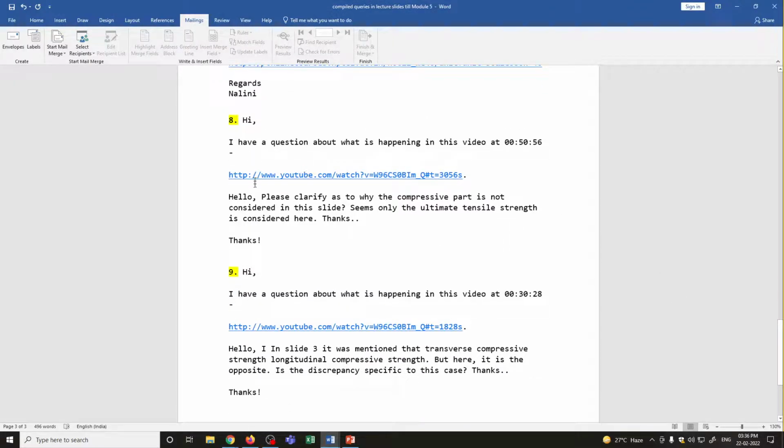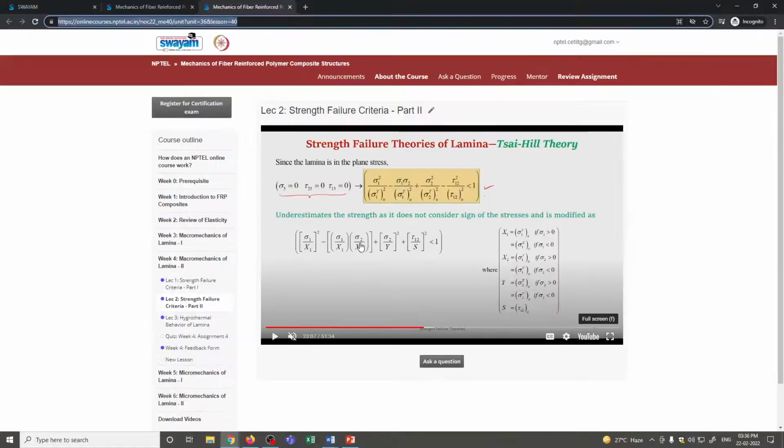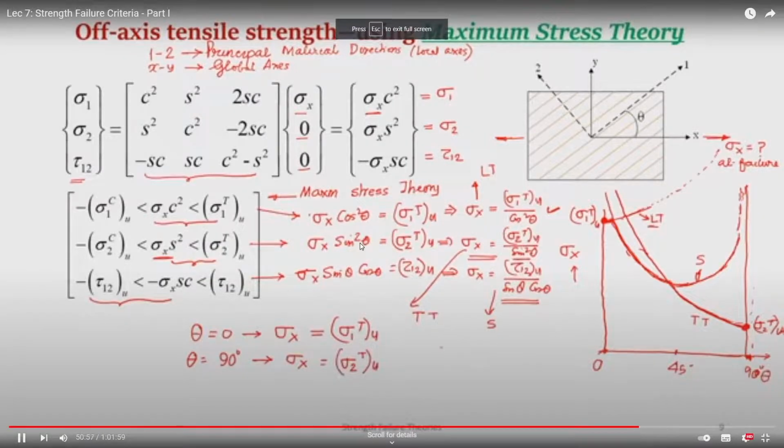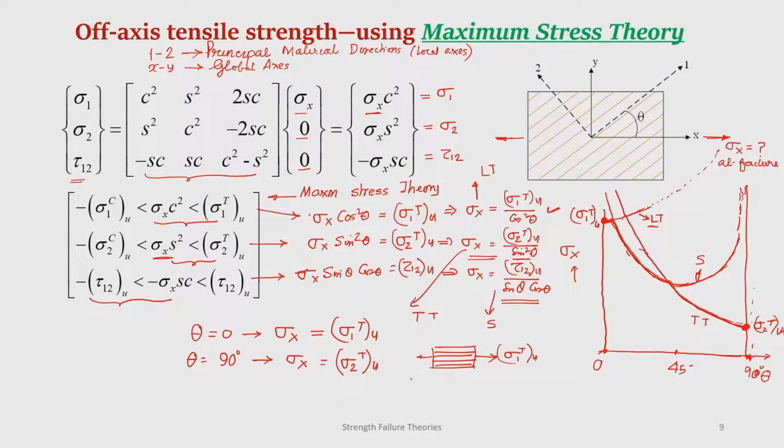Okay, so the next question is why the compression part is not taken into account. See, basically here we are trying to find out the longitudinal tensile strength.